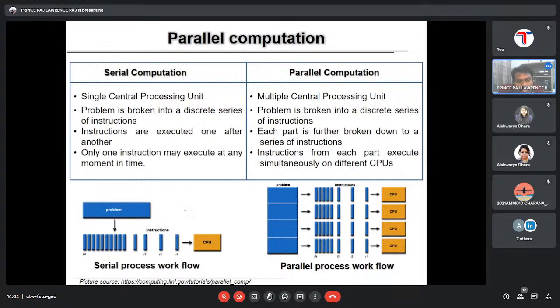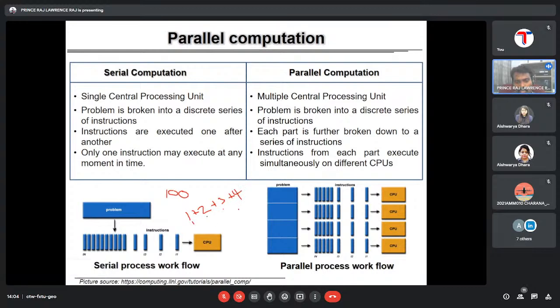Now, how serial and parallel work. For example, if I am adding 100 numbers, in a serial way it will do 1 plus 2, then add the third number, then the fourth number, one by one.